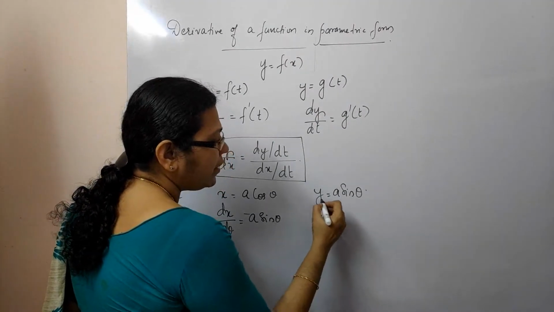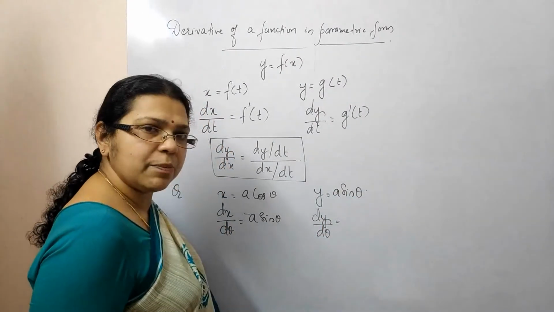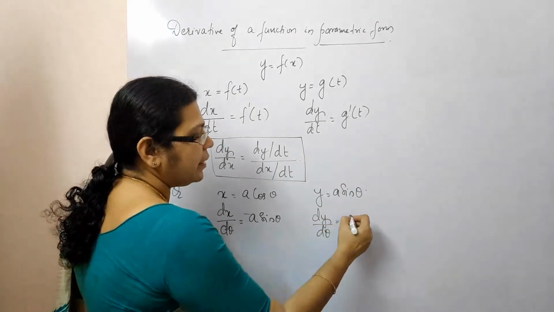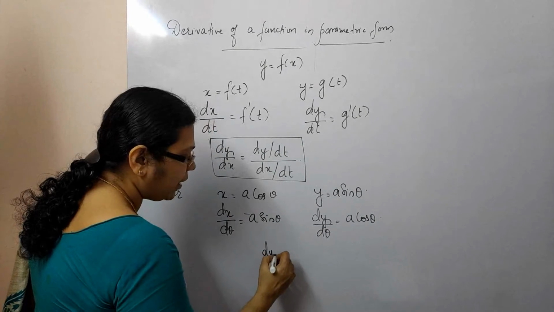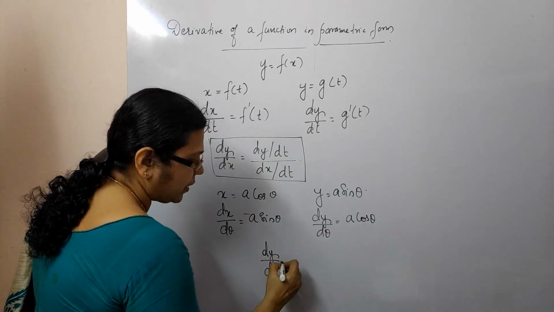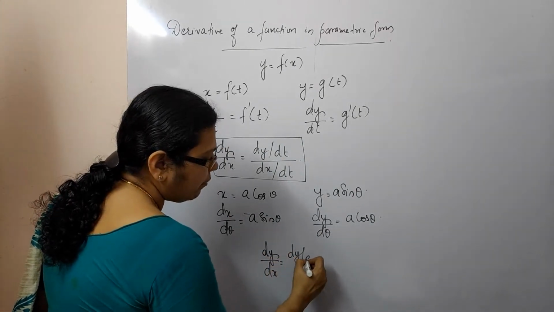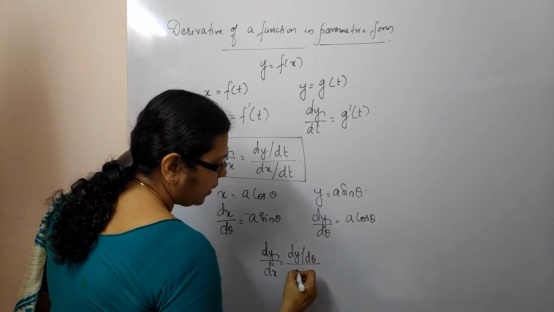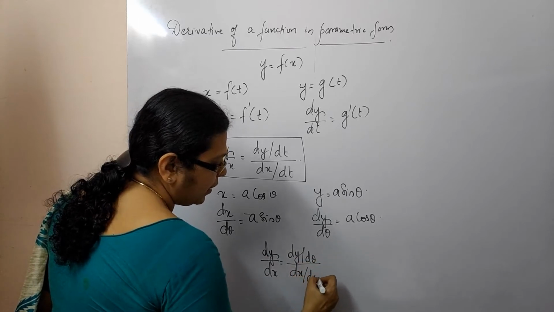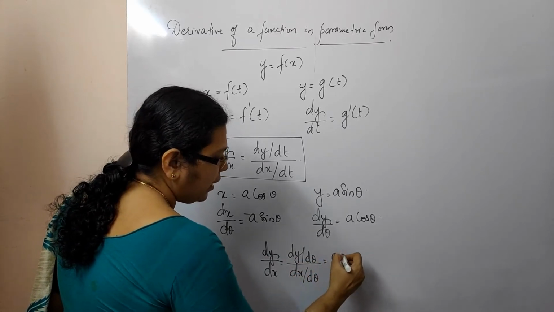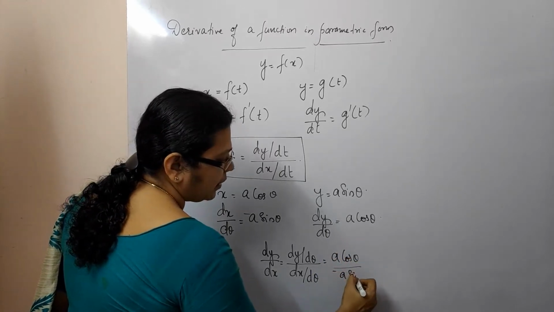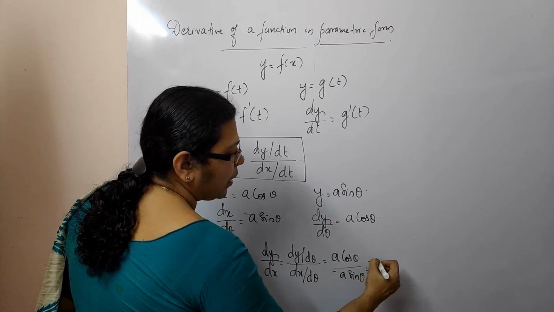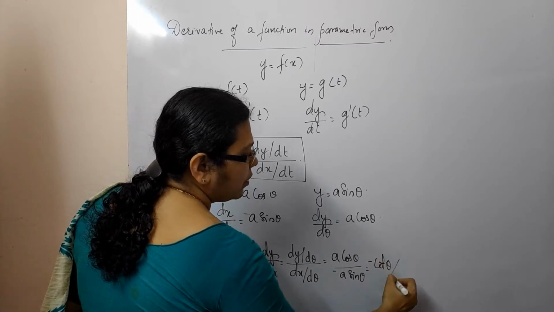Because when I find the derivative, I can find the derivative only with respect to theta. So dy by d theta is a cos theta. Now I come to the conclusion. dy by dx is equal to dy by d theta divided by dx by d theta. That is a cos theta by minus a sin theta, which is equal to minus cot theta.